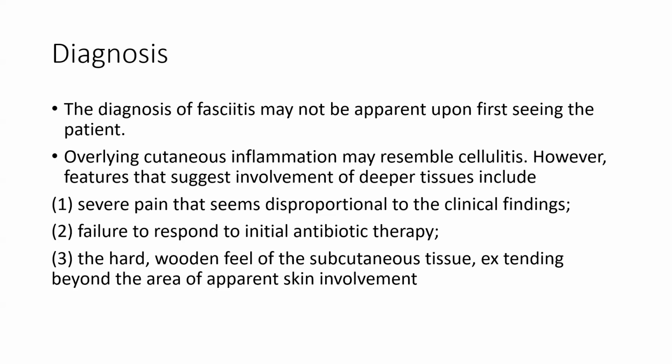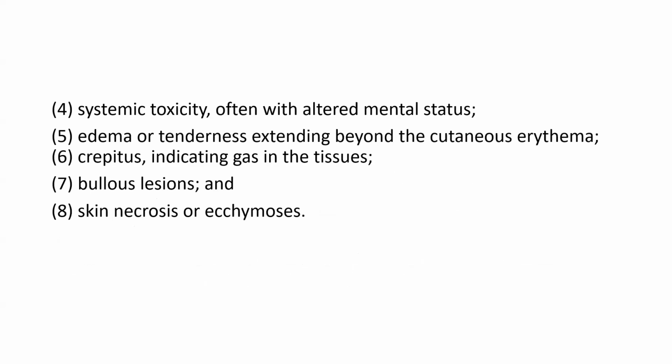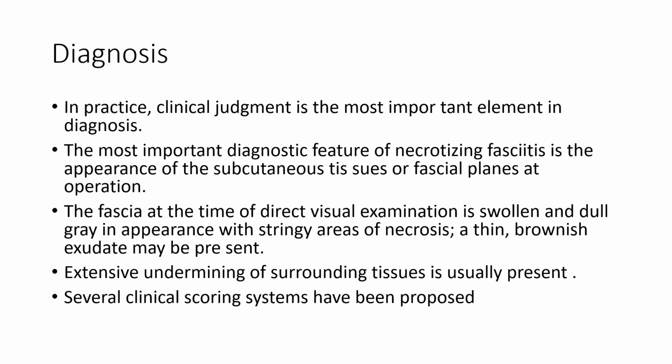However, the features that suggest involvement of deeper tissue include severe pain that seems disproportionate to the clinical findings, failure to respond to initial antibiotic therapy, the hard wooden feel of subcutaneous tissue extending beyond the area of apparent skin involvement, systemic toxicity, often with altered mental status, edema or tenderness extending beyond the cutaneous erythema, crepitus indicating gas in the tissue, bullous lesions, and skin necrosis or ecchymosis.